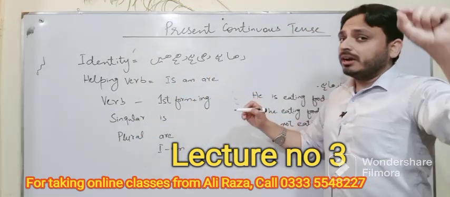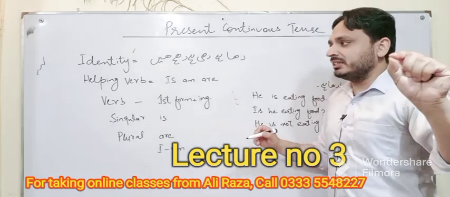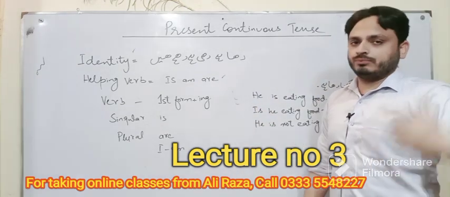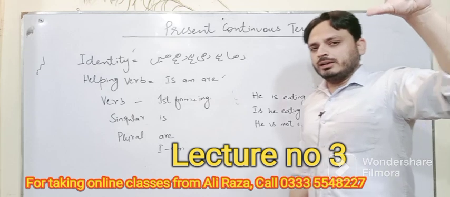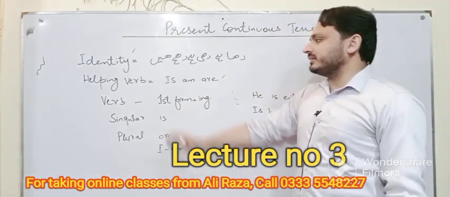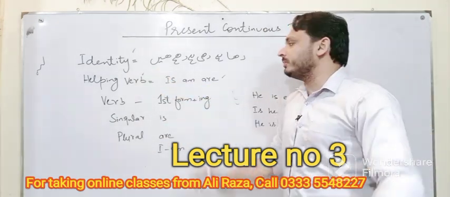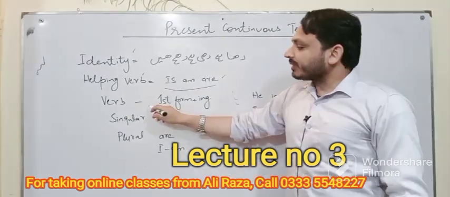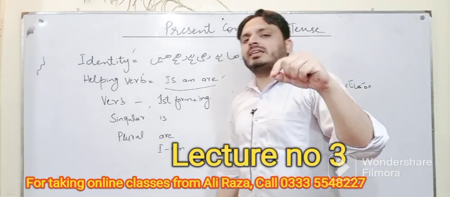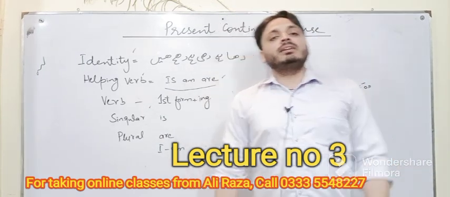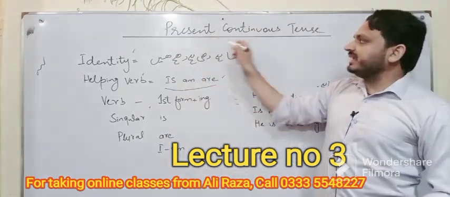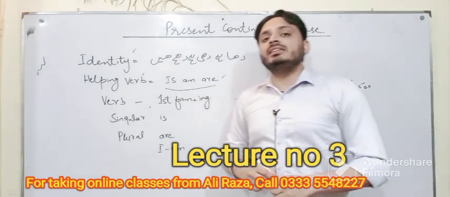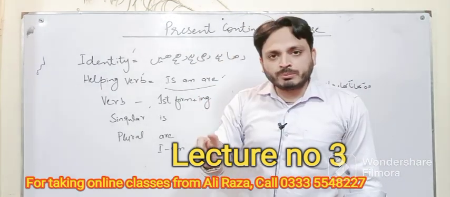And if it is present continuous tense and you have decided it once, then you have to come forward and make the whole formula of that tense. Next point is helping verb, which is is, am, are. You will use them in present continuous tense, with verb first form plus ing. Remember this thing and keep it intact in your mind, that if there is any tense which has the word continuous, you will have to use first form of verb plus ing.